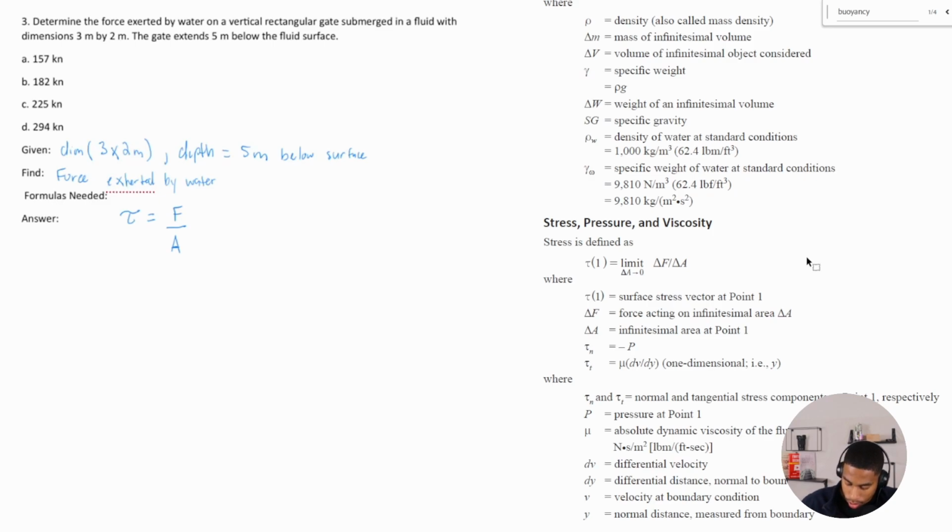So if we draw another picture for this, we have this, not really a cup though, but we'll say it's contained in a rectangular shape, and then you have this gate that is 5 meters below the surface.